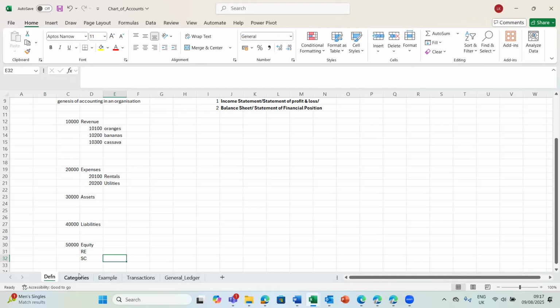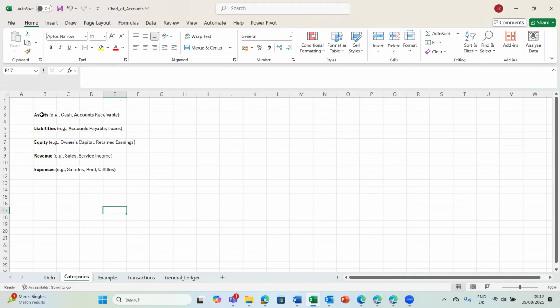So these are the main categories. You have assets, and under assets you can have cash and accounts receivable, as I explained. Then you have liabilities, equity, revenue, and expenses.